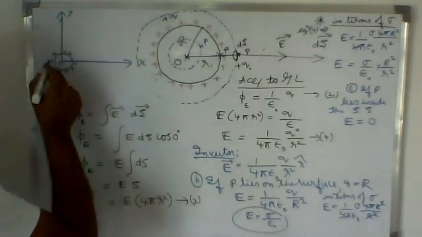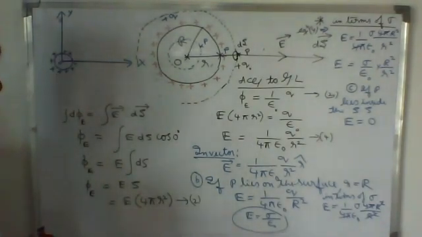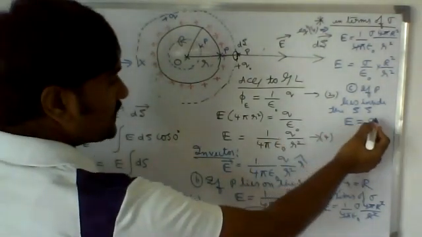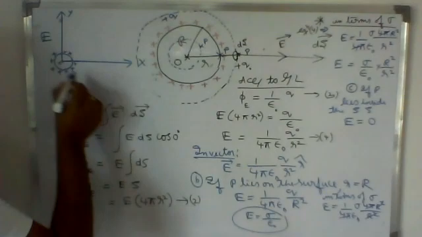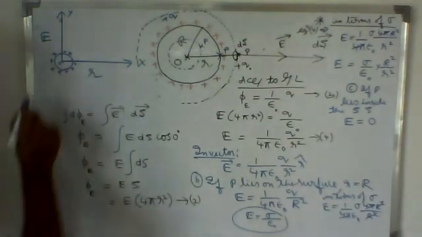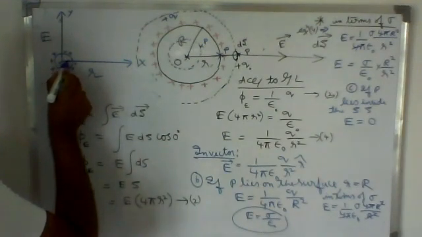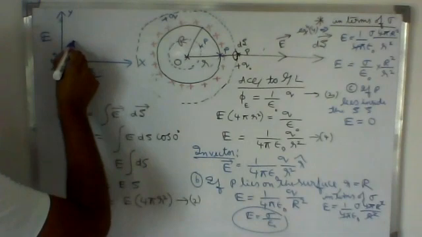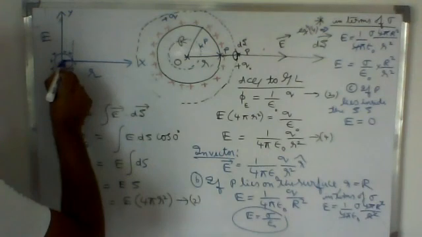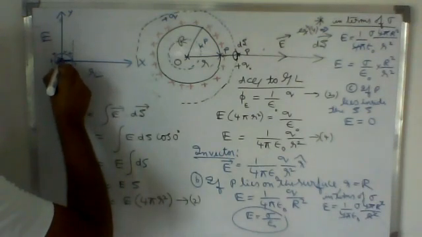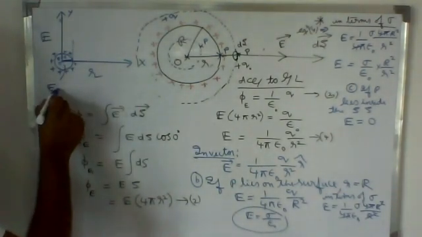What is the electric field inside the thin spherical shell? It is 0. This is the graph of E versus R. Here the electric field is 0 up to the surface. Inside, the electric field is 0.